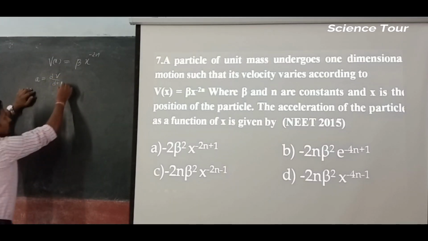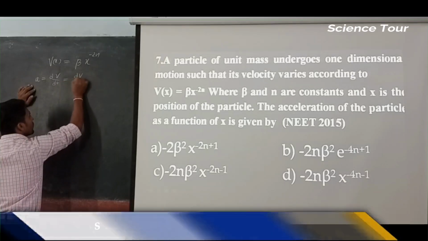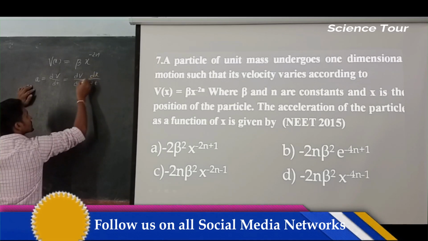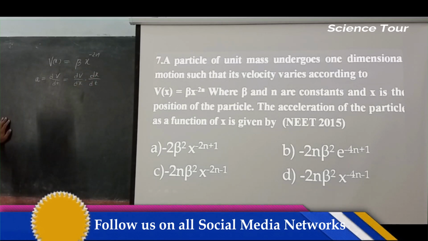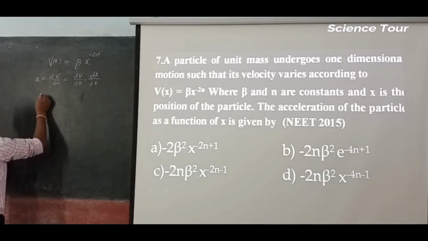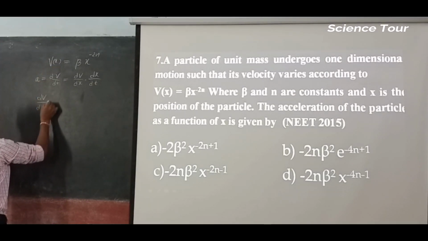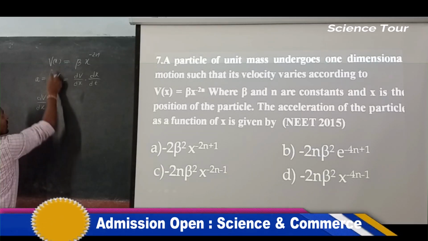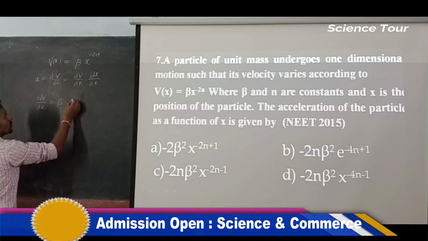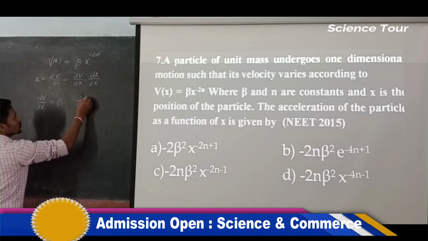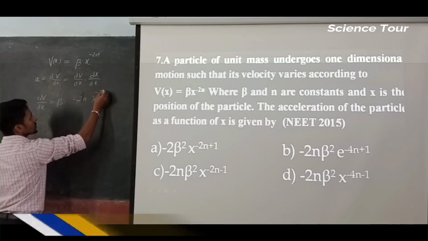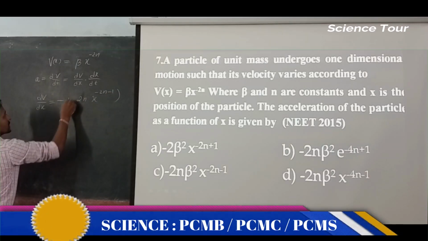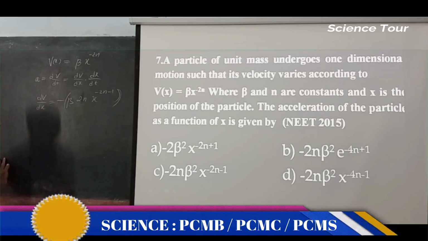But I can write that as dv by dx into dx by dt. dx by dt is v, so acceleration is v dv by dx. Now I will take dv by dx with respect to x, which becomes some value: b times minus 2n x to the power minus 2n minus 1. So this is minus beta in this way.